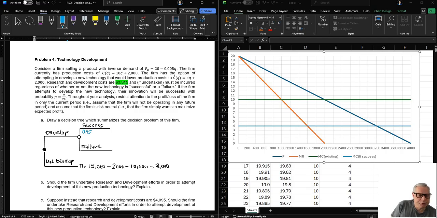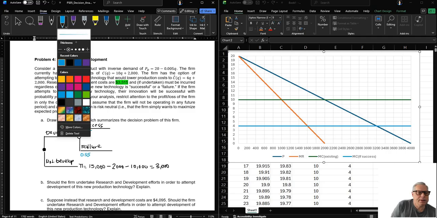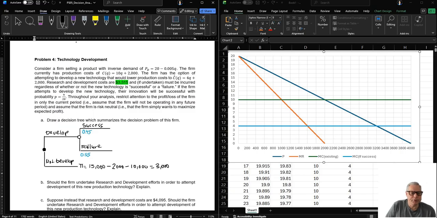That means it will be a failure with probability 0.55. So if everything goes well, then we can operate with the lower marginal cost function, and we can see then we will sell 1,600 units and charge a price of 12.